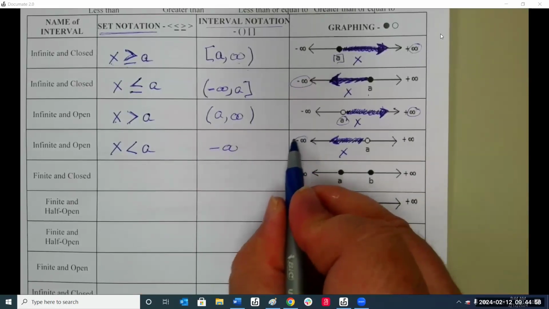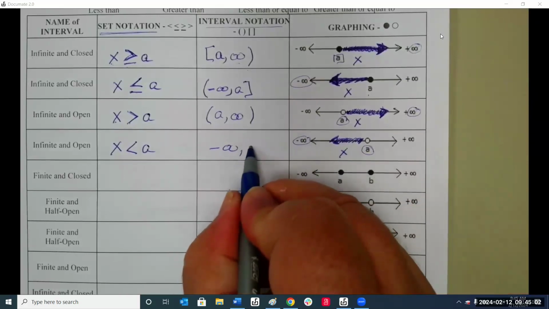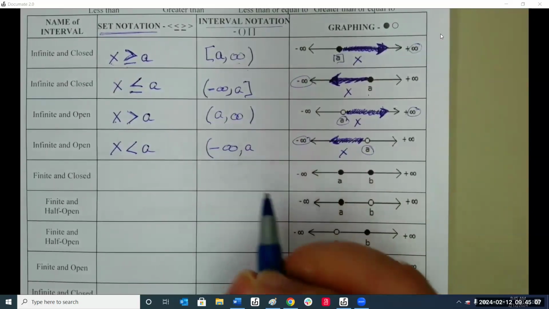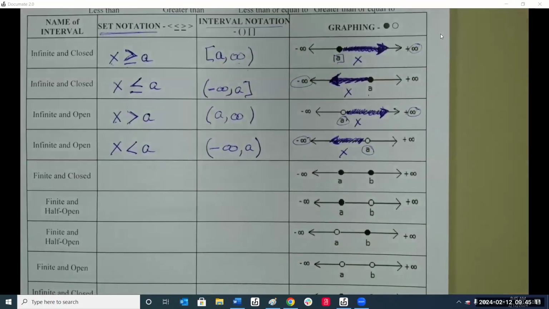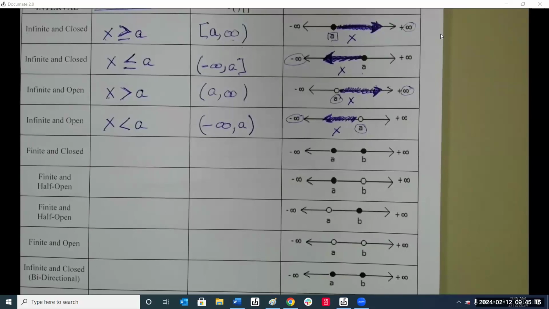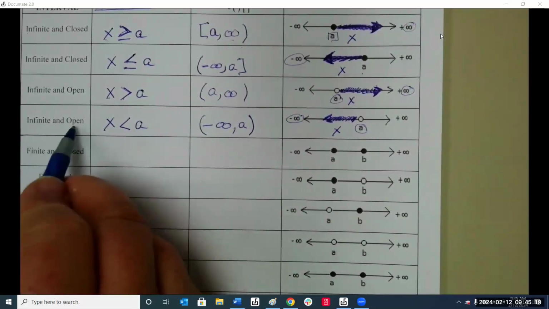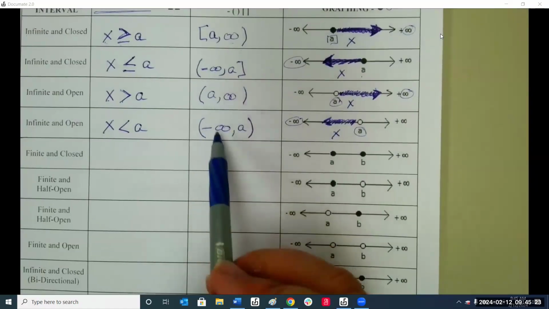Going left to right, I start off at negative infinity and go all the way to a. You can never get to infinity, so it's always parenthesis. I can't use a, so it's parenthesis. It's open, right? So those are the first four. Those are called infinite and open, which means one of my endpoints is infinity.